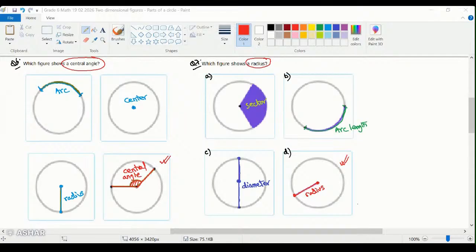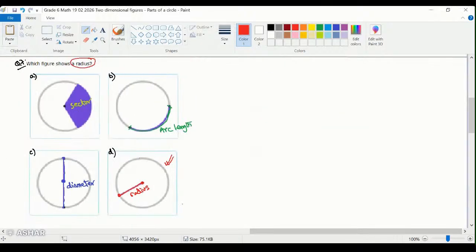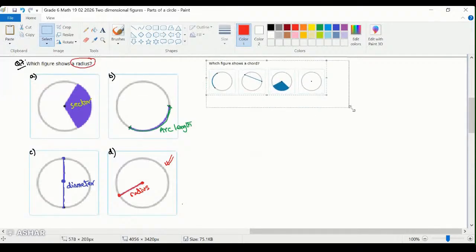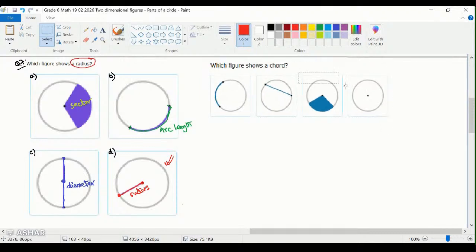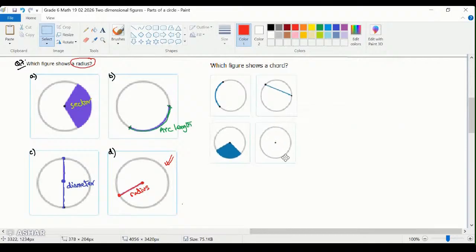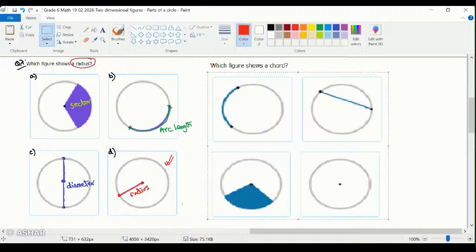For the next question, I would change the statement. Just a minute, please. For the next question, let's say this was given to us, I'm changing the chord. I don't want the chord. Let's make it something else other than the chord.